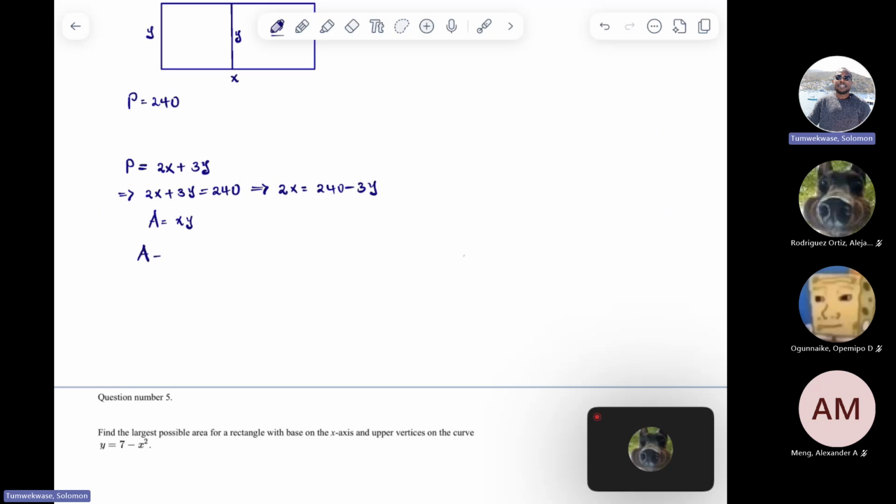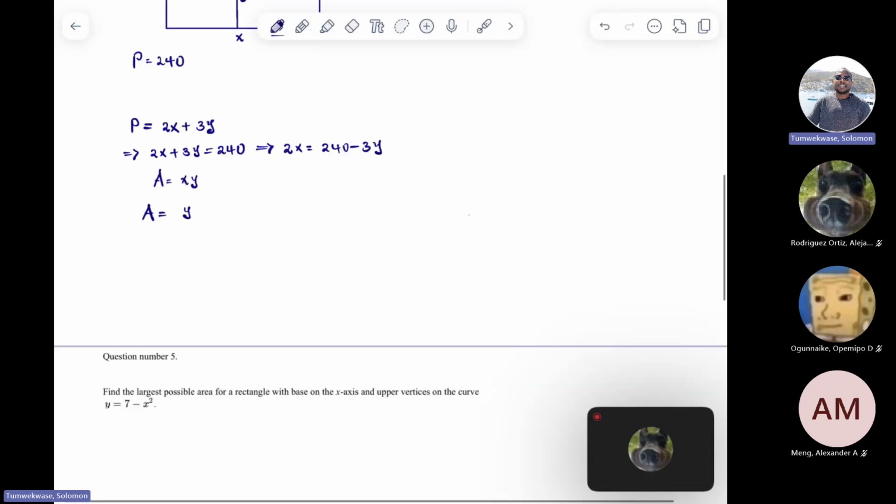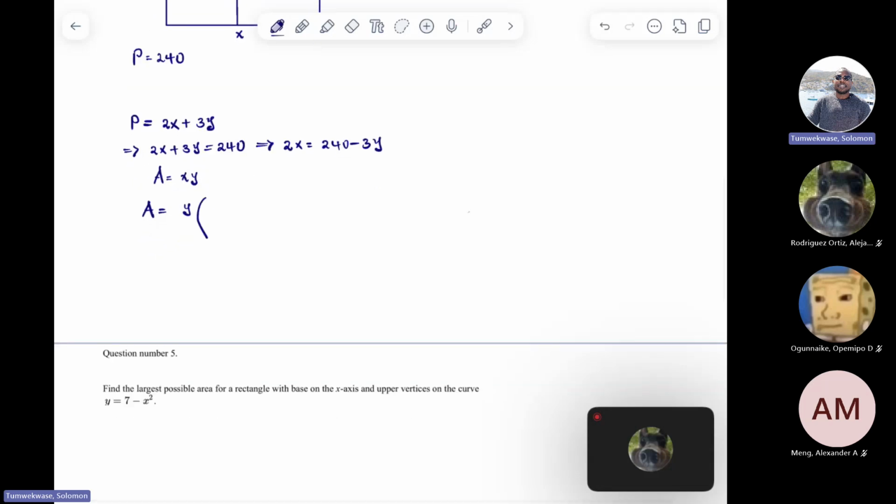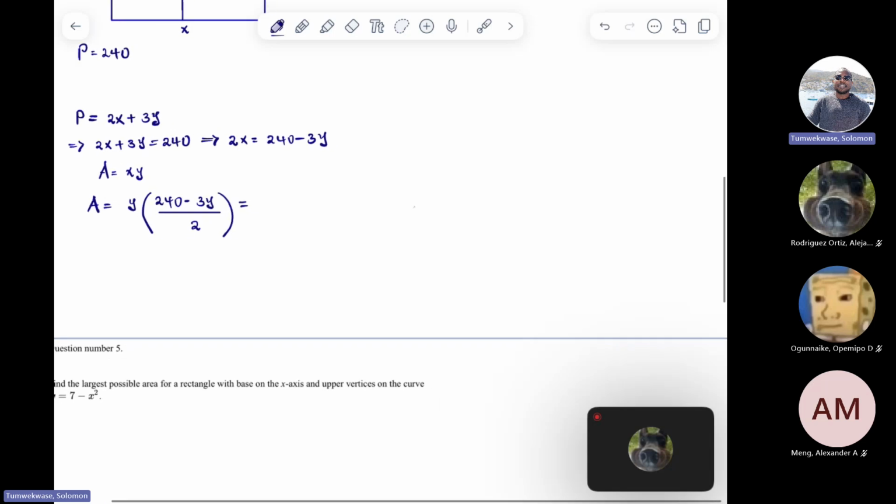So my area is y times x, which is 240 minus 3y, and the whole of it over 2. I can open this up: this is 240y minus 3y squared, the whole of it over 2.